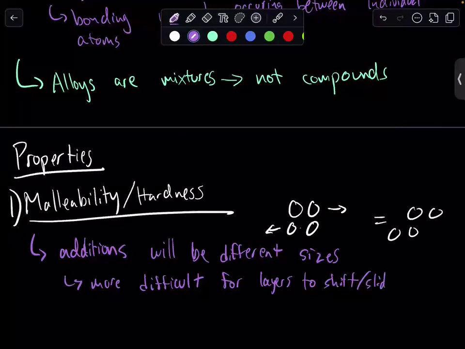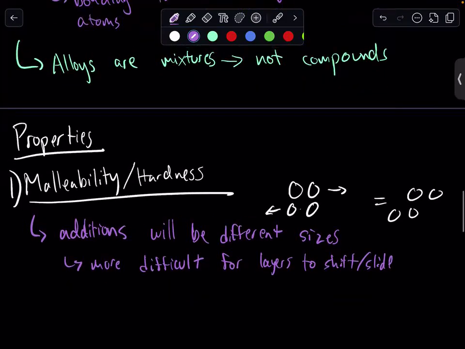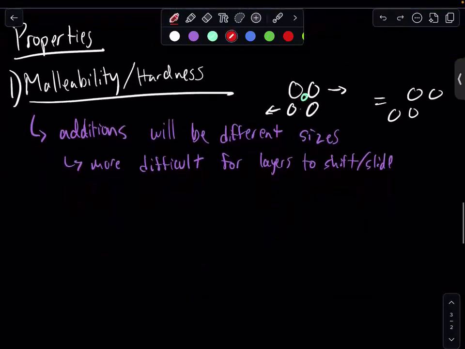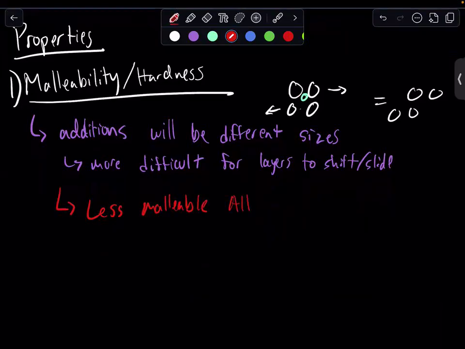So because we have that difficulty in shifting and sliding between those atoms, especially when suddenly you may have a little inclusion here that prevents it from making that shift, or maybe this element is now smaller or larger, also preventing that shift, we end up with a less malleable alloy.